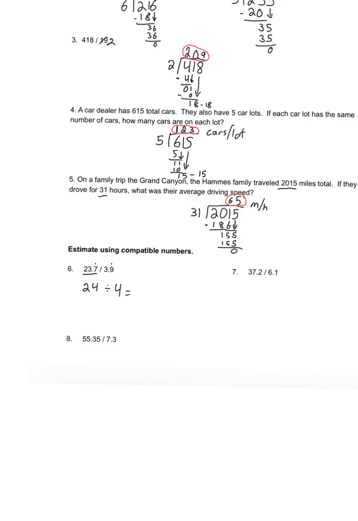Quick division fact, 24 divided by 4 should be 6. And because we rounded, it is going to be that squiggly. So instead of the equal sign, it'll be about. The squiggly equal sign means about. Because it's not exactly that answer, but it is about that.